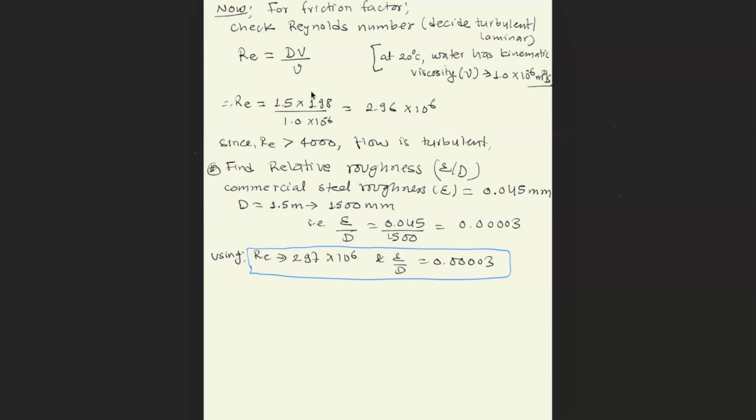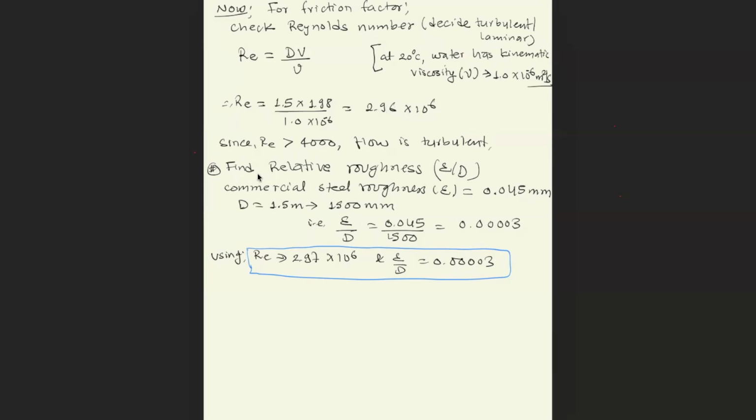That gives us a Reynolds number of 2.96 × 10^6. Since the Reynolds number is greater than 4000, the flow is turbulent.